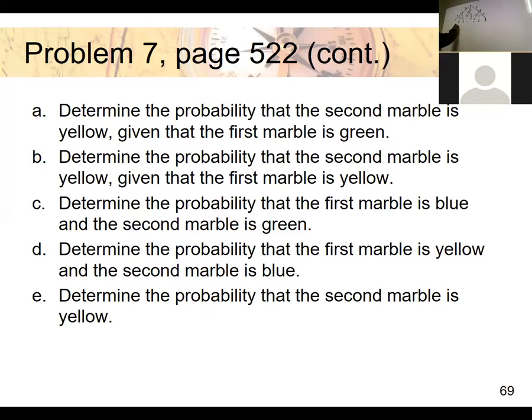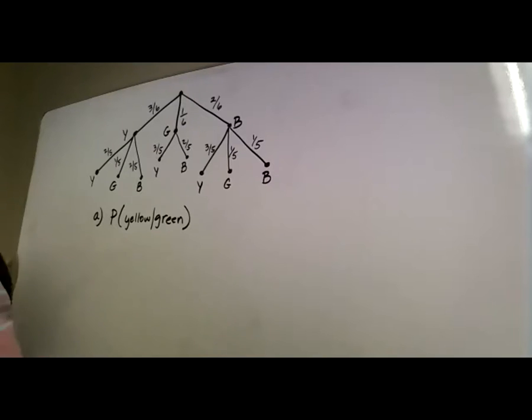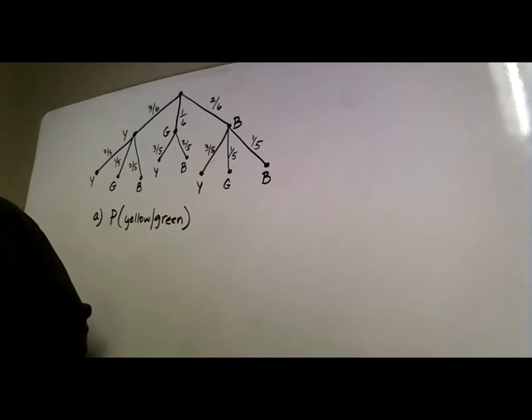Okay. So starting with part A, I want to determine the probability that the second marble is yellow, given that the first marble is green.